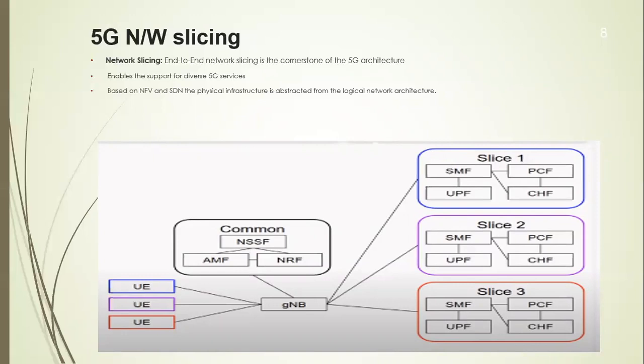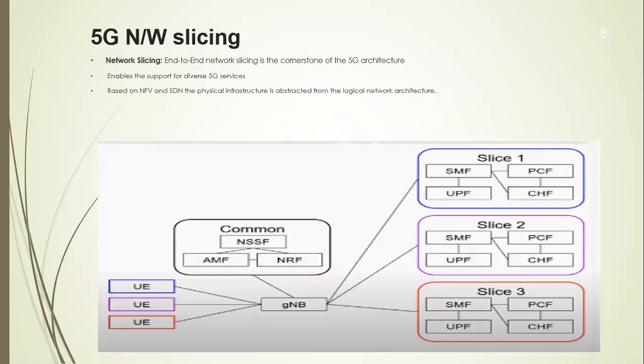Then that particular G node B or the RAN entity should be able to identify in which slice the subscriber information has to be routed, or which slice it has to use to provide the required service to this particular subscriber.